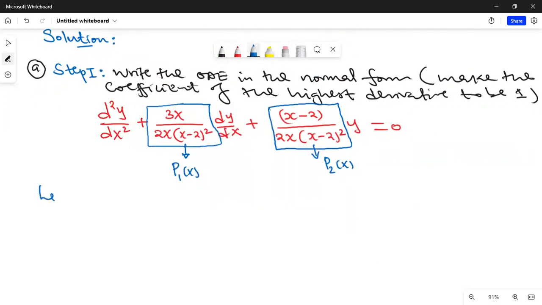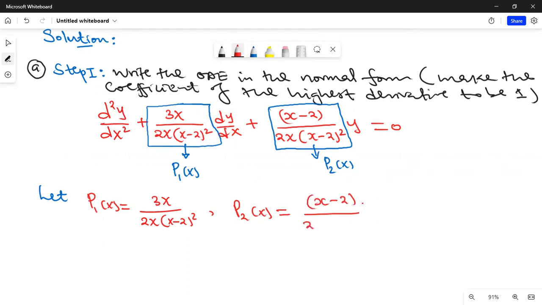Let p1 of x be equal to 3x over 2x times (x minus 2) squared, and p2 of x be equal to (x minus 2) over 2x times (x minus 2) squared. You can simplify this, but let's leave them as that.